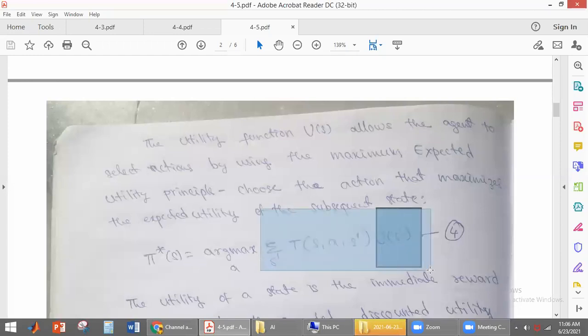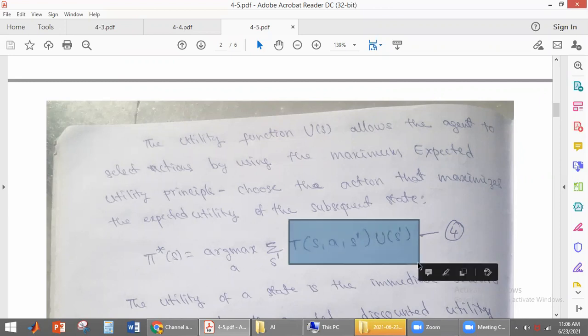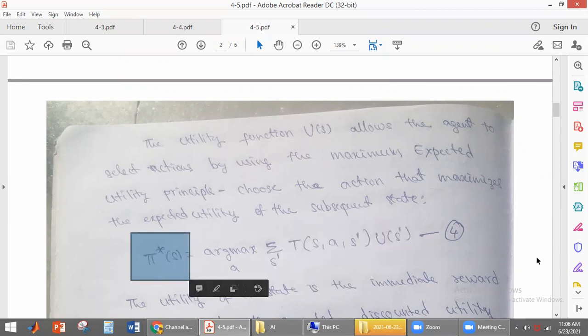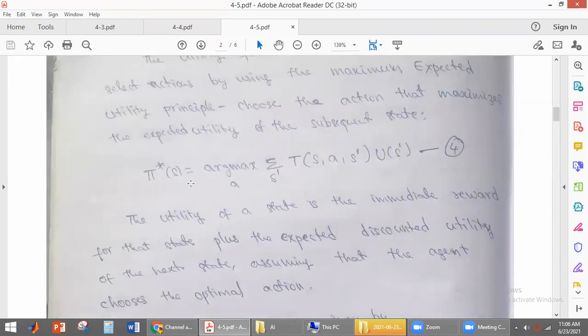This product gives you which action is to be preferred. By performing this action, whichever gives the maximum value, that particular action will be considered. That is the optimal policy. This we have already discussed in the previous session.